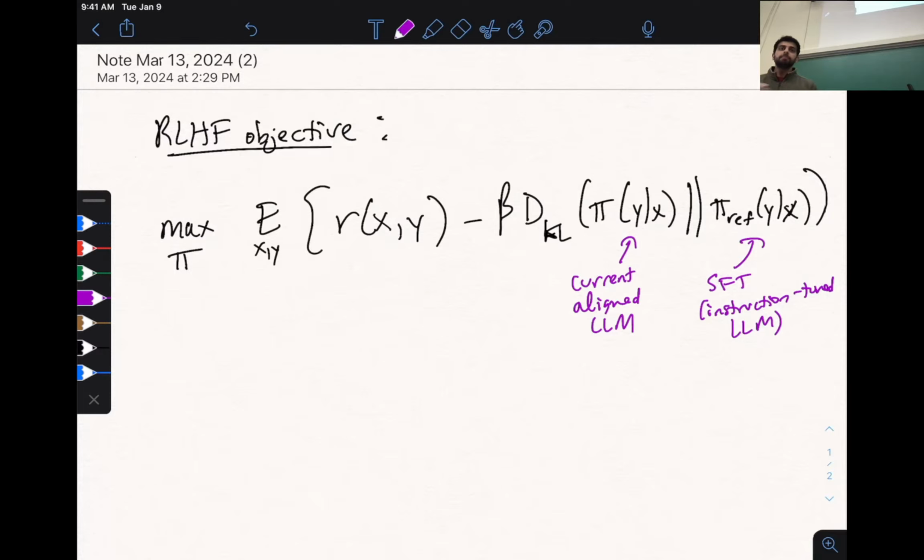For example, there have been several papers showing that length of the response is a good predictor of whether it'll be preferred or not by a human. So if a model has one output that's 1,000 tokens long and one output that's only 20 tokens long, even if the 20 token response is more factually accurate or more appropriate given the prompt, it might prefer the longer answer just because it's learned this trend in its preference data.